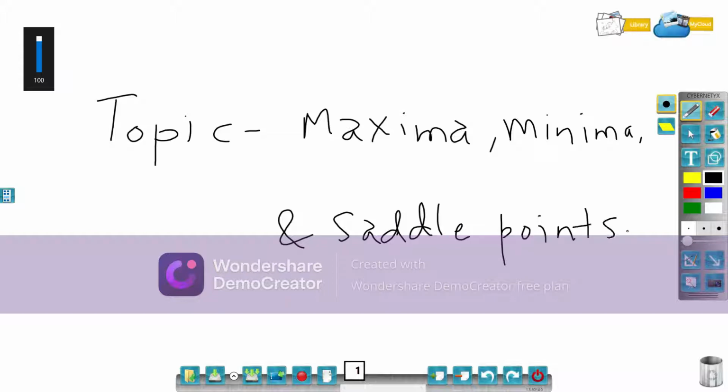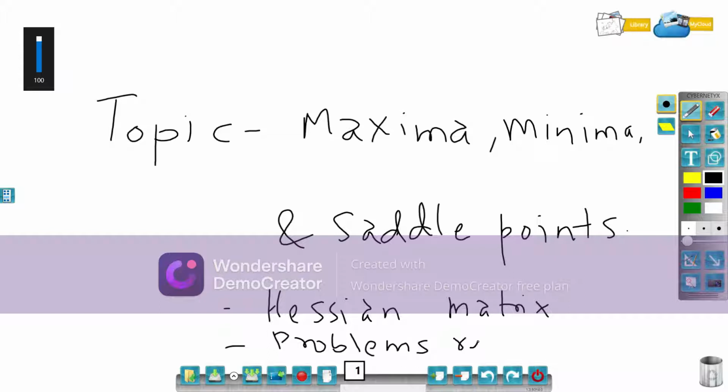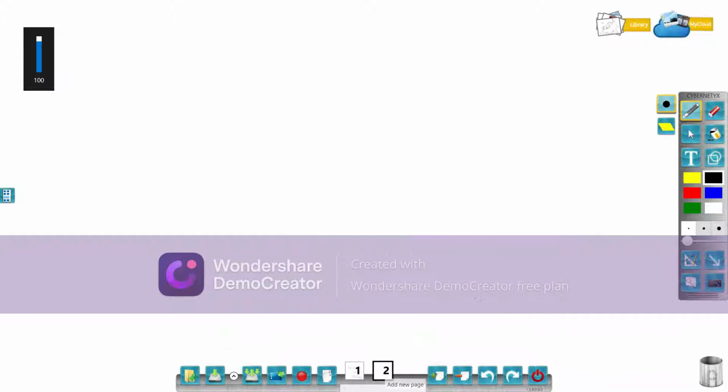We will also study the Hessian matrix and problems related to maxima minima. So let's start the lecture.